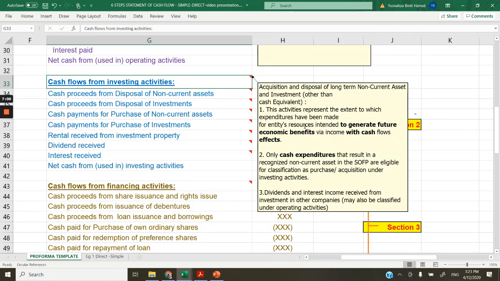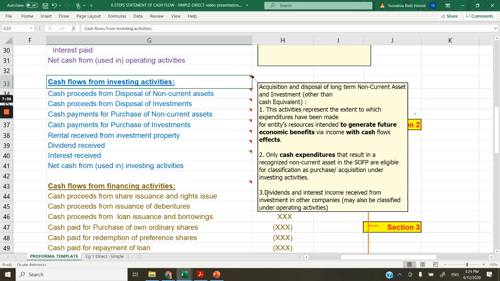So these investing activities that you need to include in these rows under the investing activities are whatever activities that will represent the extent to which your expenditure have been made to generate future economic benefits, and that generation of future economic benefits with cash flows effect, right? So this will normally focus on the expenditure that will result in a recognized non-current asset, or maybe focus on the disposal of an asset that will also bring in cash proceed, disposal of non-current asset.